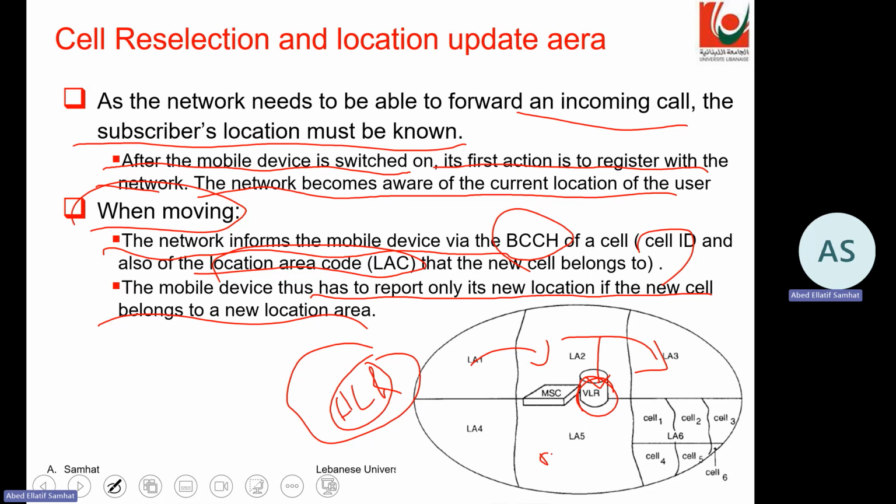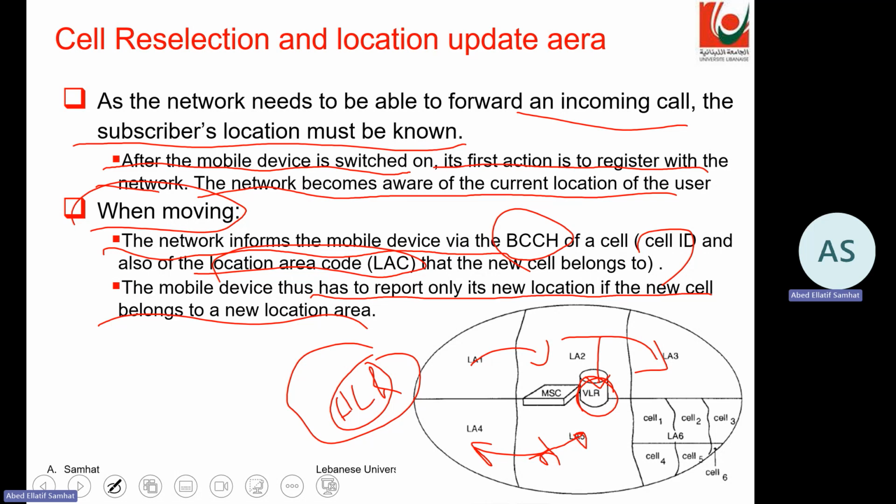So in this case, the mobile is in location area 5. When moving within location area 5, the mobile will not report its location because it was done the first time. When moving to location area 4, for example, the mobile receives information that it is in location area 4, while the previous information stored locally was location area 5.